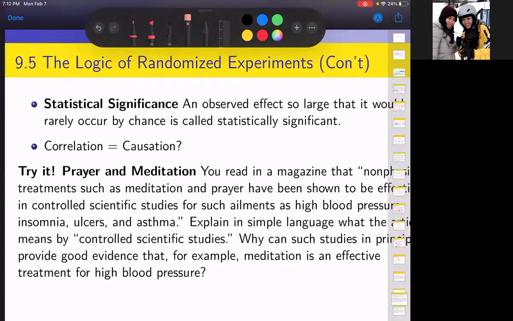Correlation is equal to causation? Now, let me tell you now, and remember this for the quiz. Correlation is not causation, right? Say the number of people who buy ice cream.